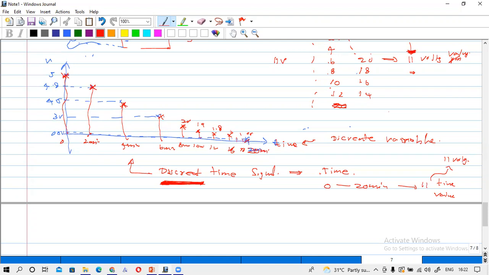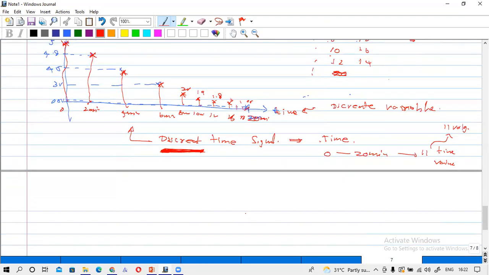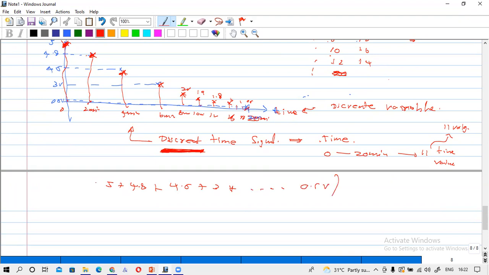So if you want to add these values, simply you can get the summation. You can add 5 plus 4.8 plus 4.5 plus 3 plus, like this, down to 0.5. That means you can get the summation.